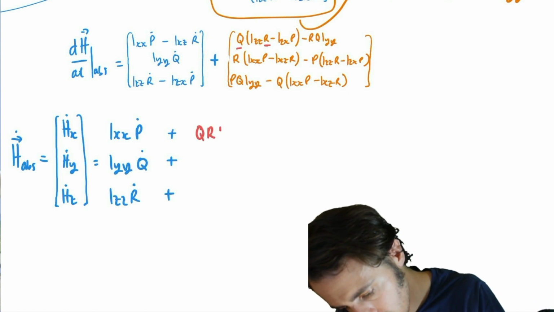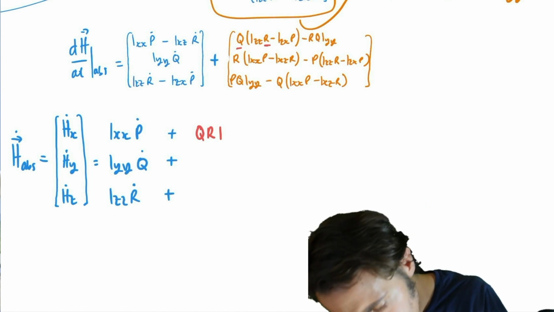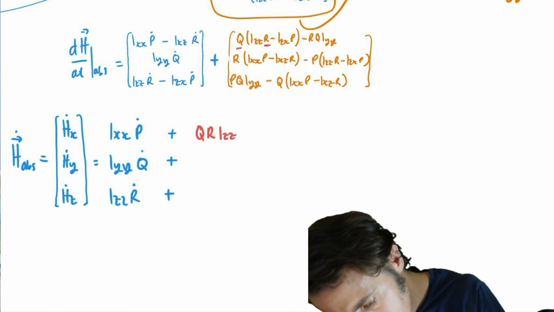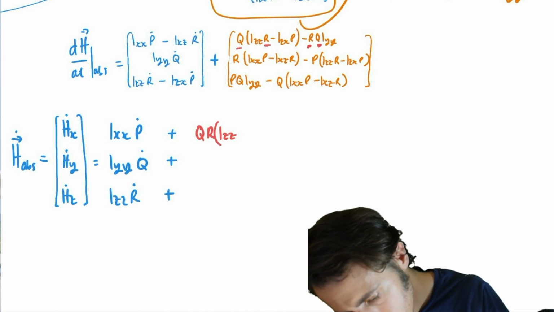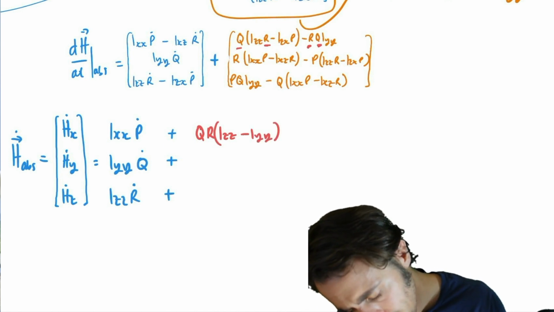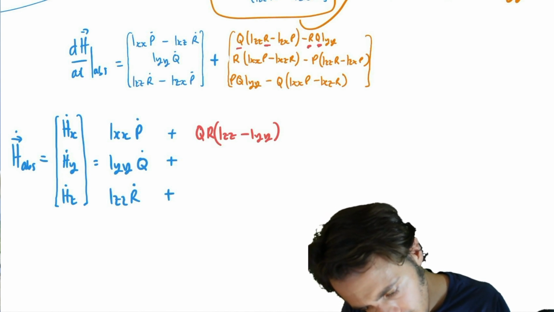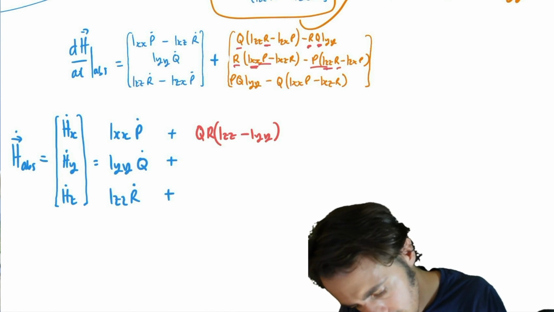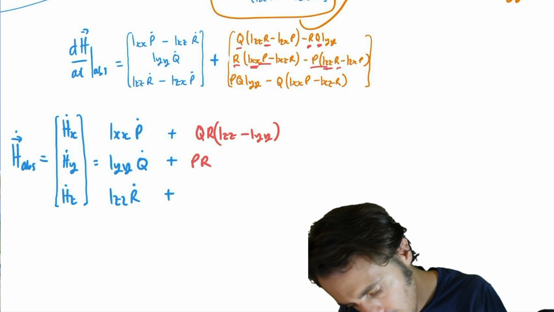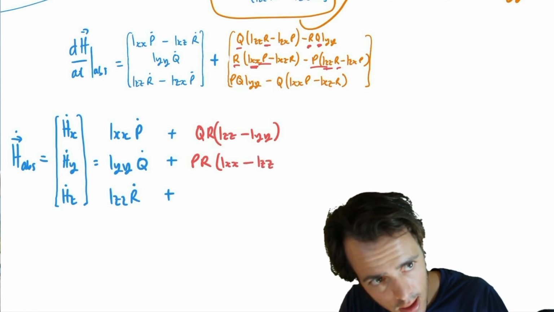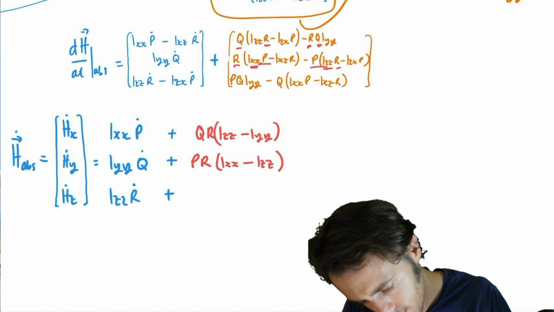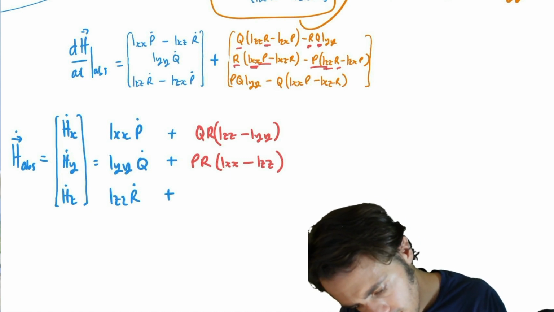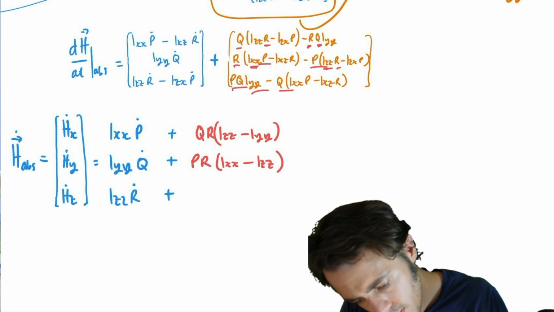So QR Izz minus QR Iyy, and then in the second one I've got Ixx and Izz with P and R, so I've got plus PR (Ixx minus Izz). And here I've got PQ Iyy, PQ Ixx.